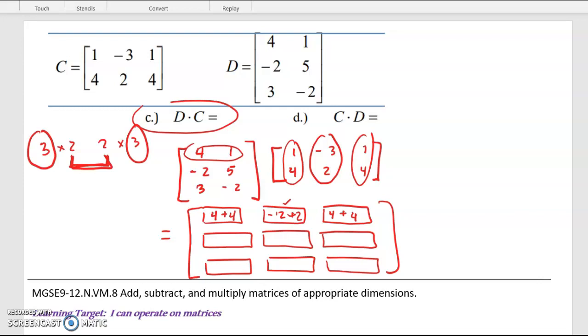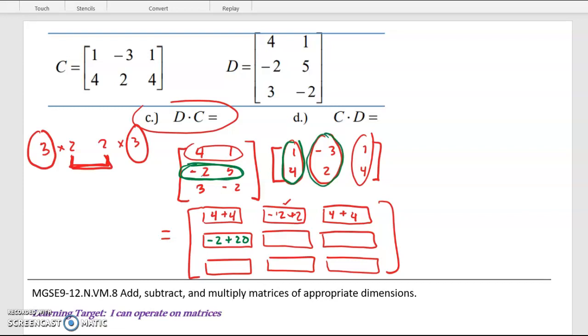Okay, so now I'll change colors just to draw attention. So I have now second row, first column, so negative 2 times 1 is negative 2. 5 times 4 is 20. I'm going to add those. So now I have second row, second column.